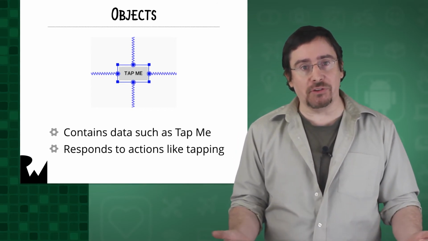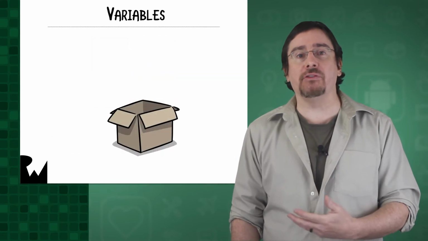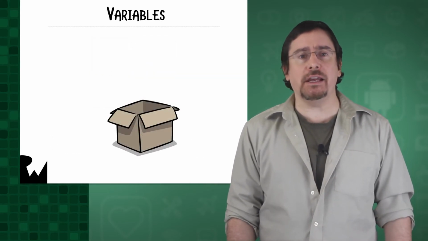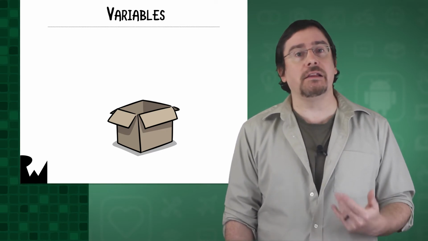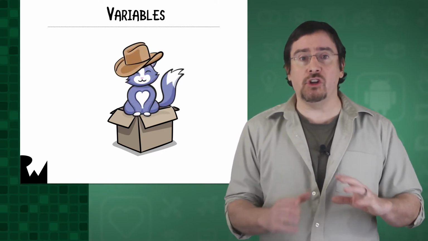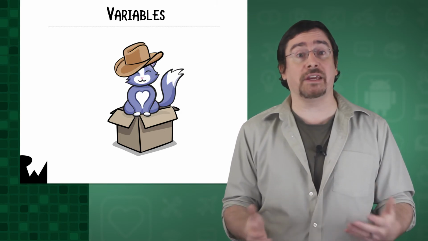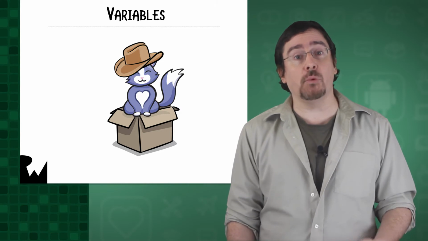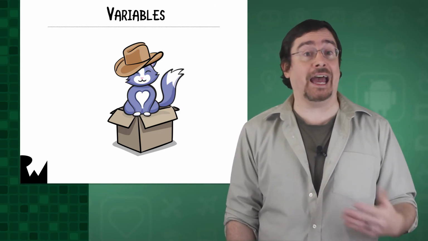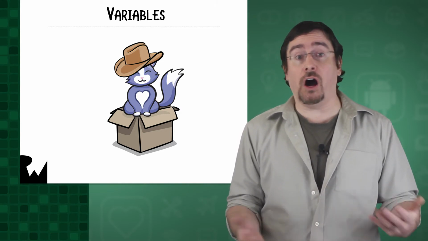But what are variables? A variable allows an app to remember things. Think of a variable as a temporary storage container for a single piece of data, like an image of a cat in a hat. You don't just put stuff in the container and then forget about it. You will often replace its contents with a new value. For example, maybe you want to replace the cat in the hat with a dog on a hog.